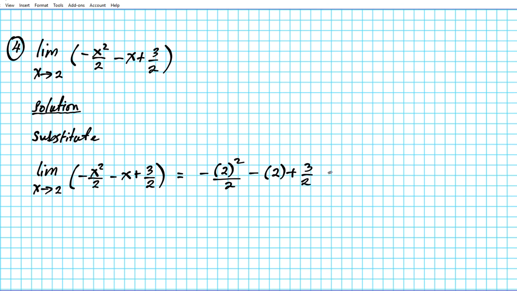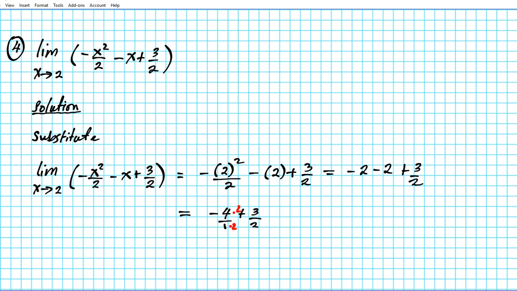I'm using order of operations. Let's go ahead and simplify this. 2 squared is 4. If you divide 4 by 2, you have 2. So negative 2 minus 2 plus 3 over 2. Okay, so that becomes negative 4 plus 3 over 2. So we need to write 4 as an equivalent fraction with the denominator of 2. Okay, so we just multiply by 2 top and bottom.